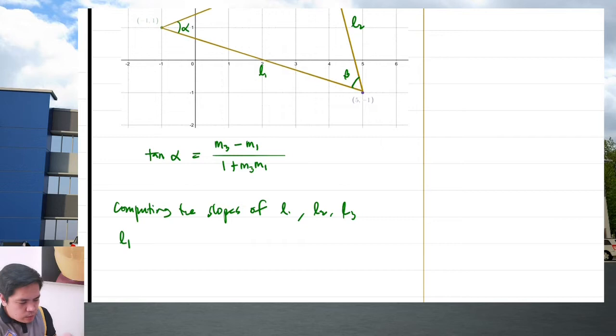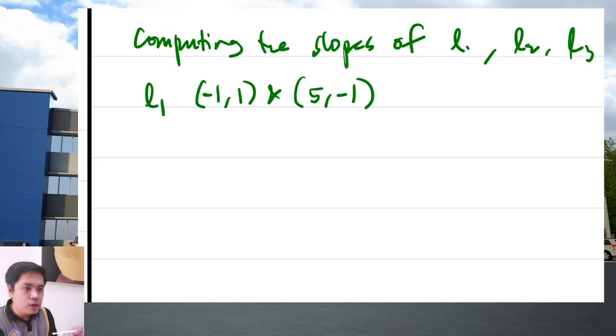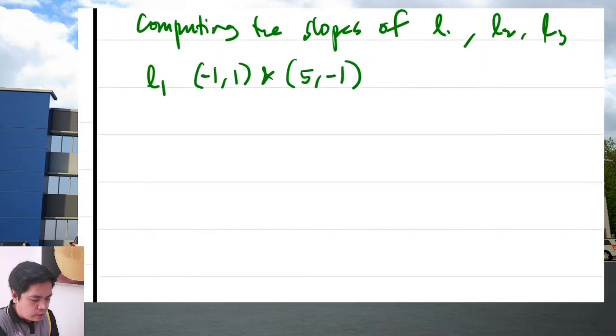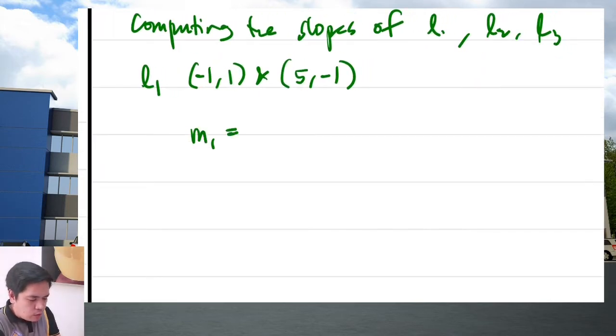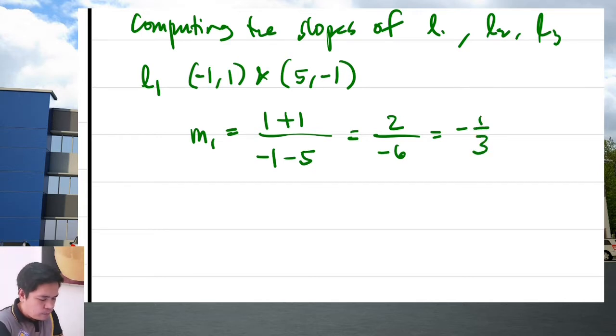For line 1, the points are negative 1, 1, and 5, negative 1. These are the points connected by line 1. Solving for the slope of line 1, that's rise over run: 1 minus negative 1 over negative 1 minus 5. So that's 2 over negative 6, or negative 1/3. That's the slope of line 1.